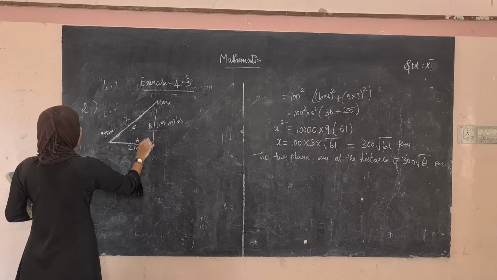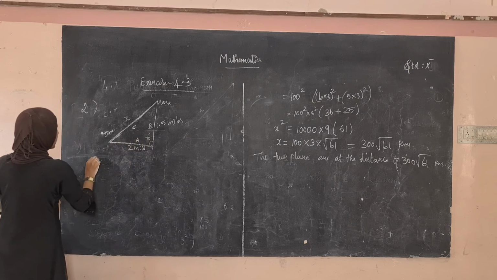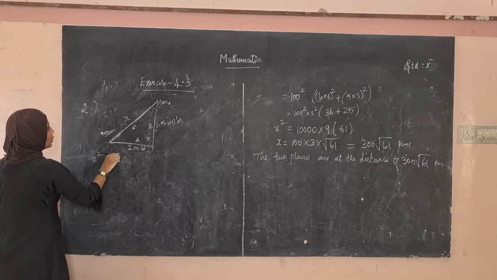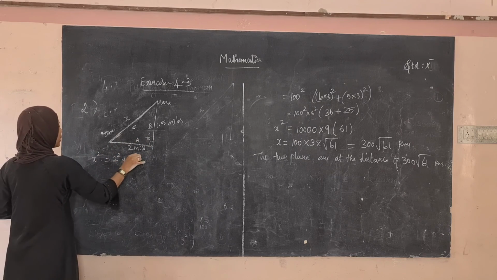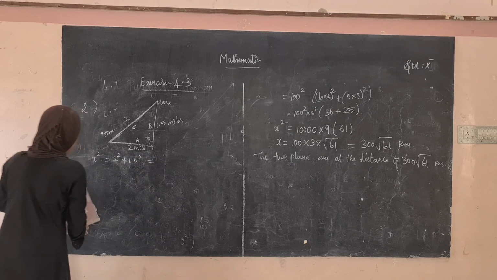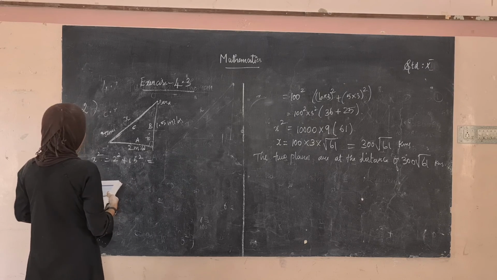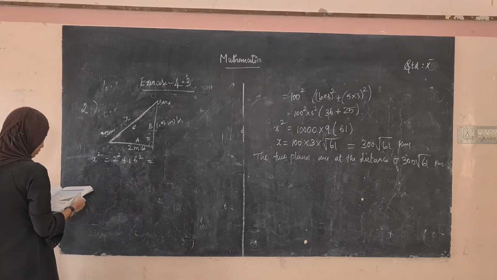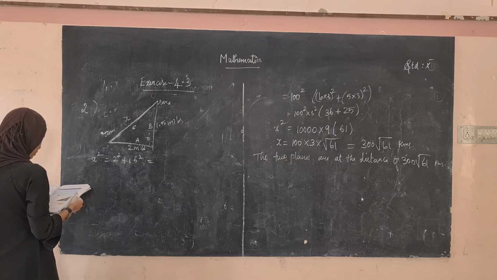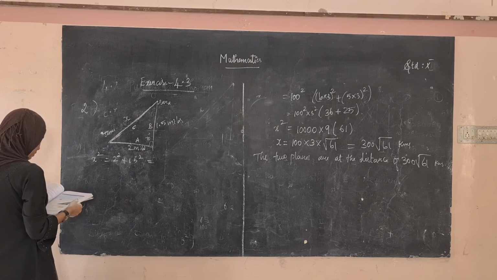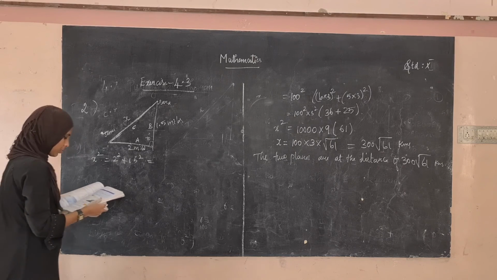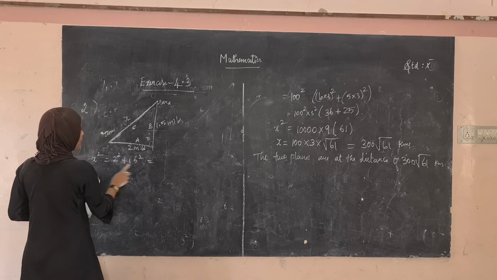So this is the 90 degree. So x square is equal to 2 square plus 1.5 the whole square.